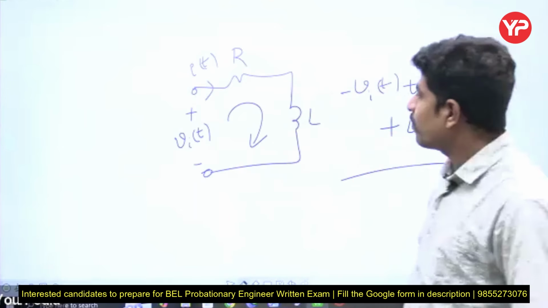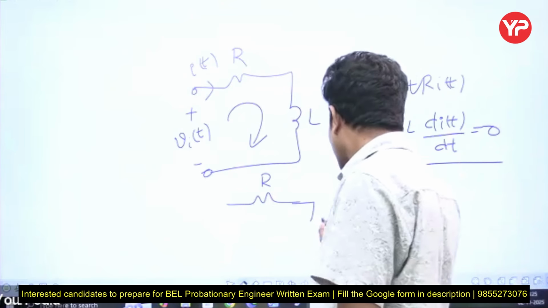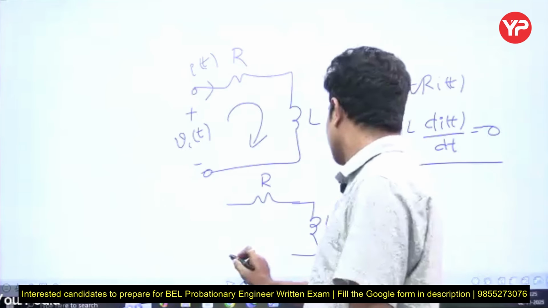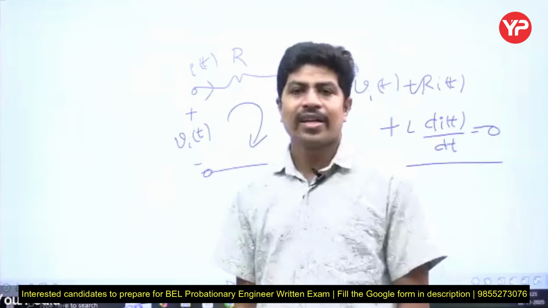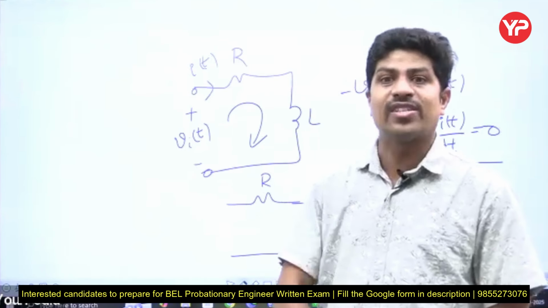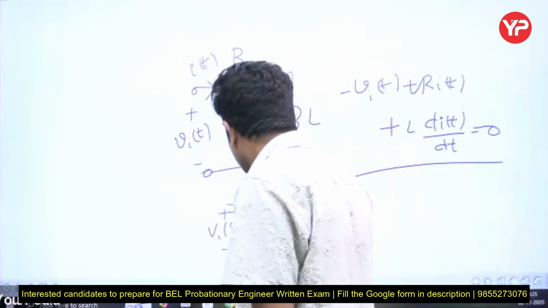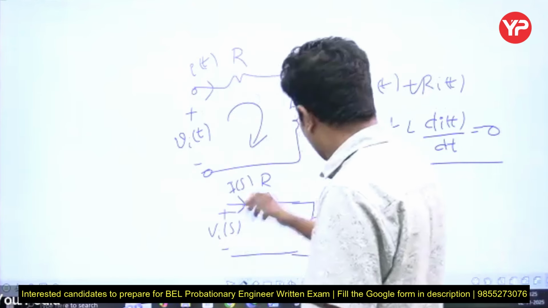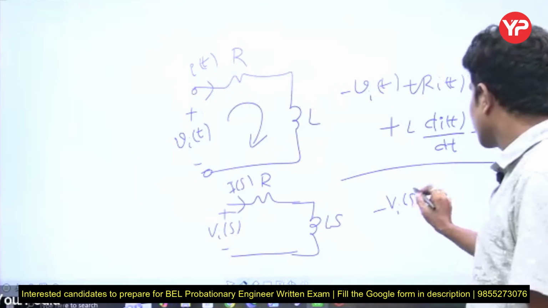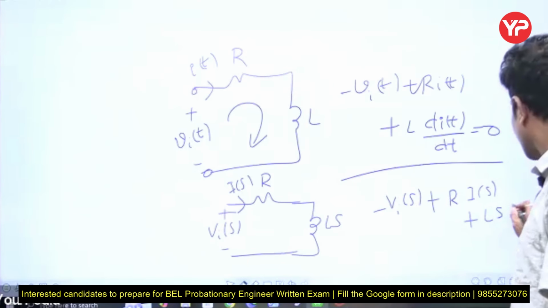If you apply Laplace to the same circuit, this is R. L is no more L, it is Ls. You remember, resistance is R in S domain, inductance is Ls, capacitance is 1 by Cs. Now this voltage will become Vi of S, the current will become I of S. Now write the KVL: minus Vi of S plus R into I of S plus Ls into I of S is equal to 0.